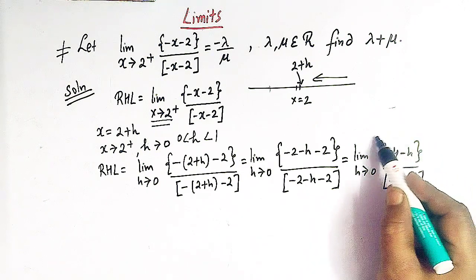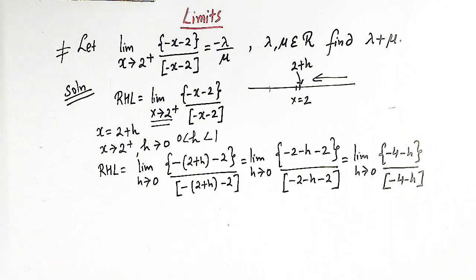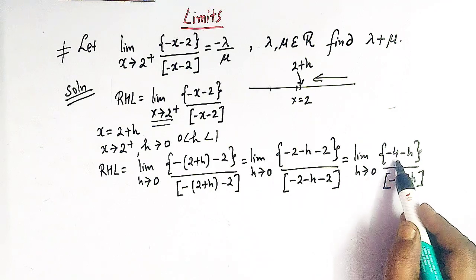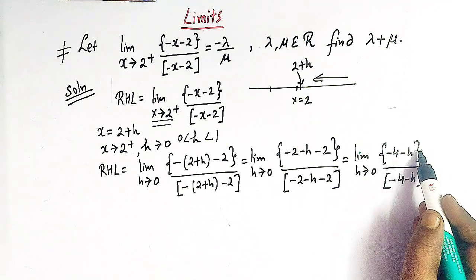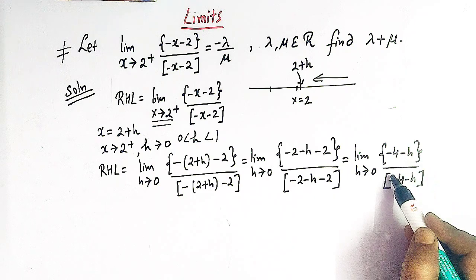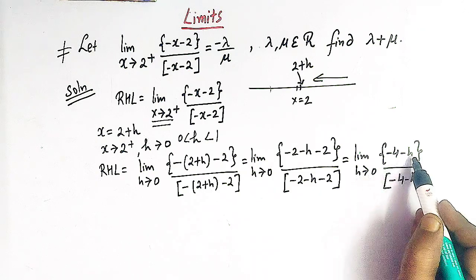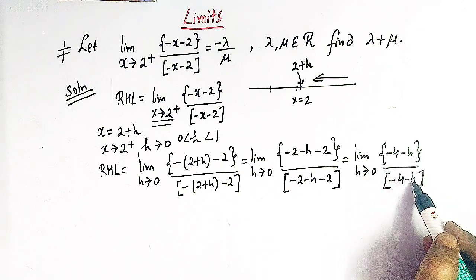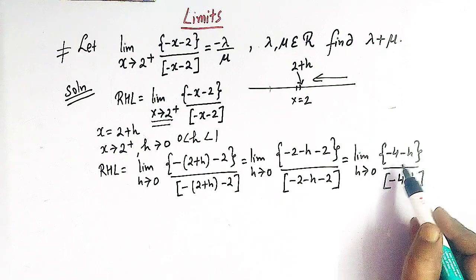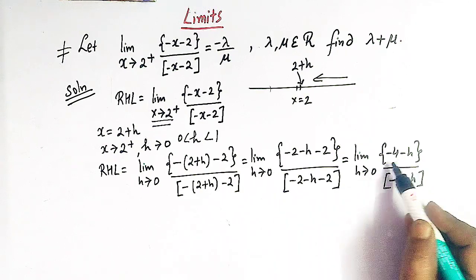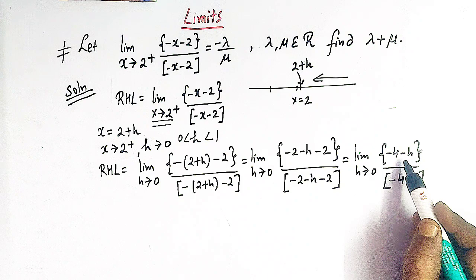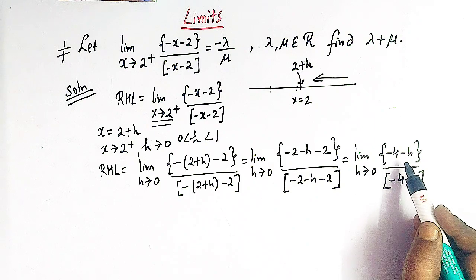So now we have to evaluate this limit, and remember, whenever we come across special functions like the fractional part function and the greatest integer function, we cannot directly substitute h is equal to 0 over here, right? So what we will do, our next step, is to utilize the definition of fractional part function, right?